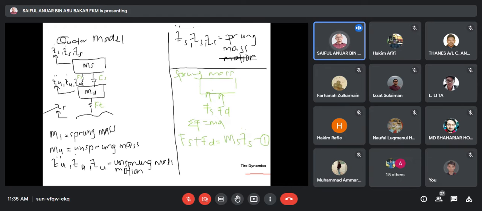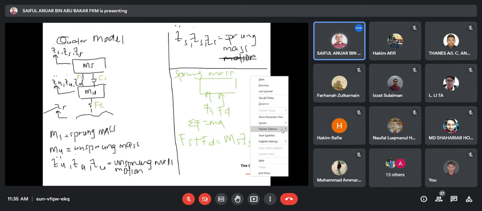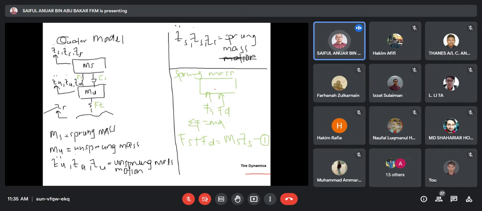If you wonder, based on the free body diagram there is typically a gravitational effect, mg pointing downwards. But we're going to neglect this mg effect because later we're going to do a simulation where the input starts with zero, so mg is actually a constant.